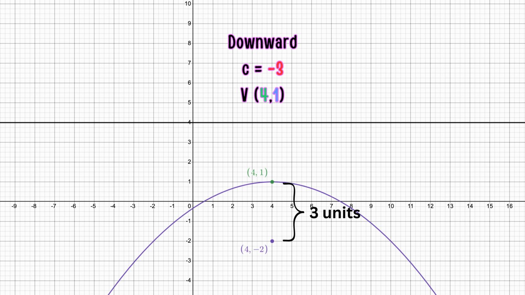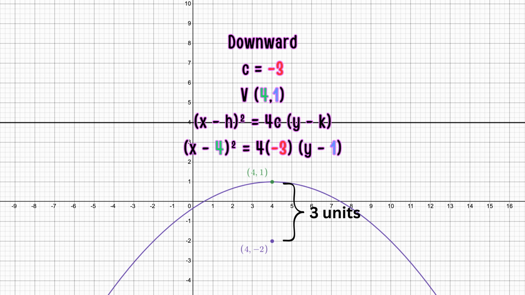Supply these given to our standard form of equation for vertical parabola, which is (x − h)² = 4c(y − k). This will give us (x − 4)² = 4 × (−3) × (y − 1), or (x − 4)² = −12(y − 1).